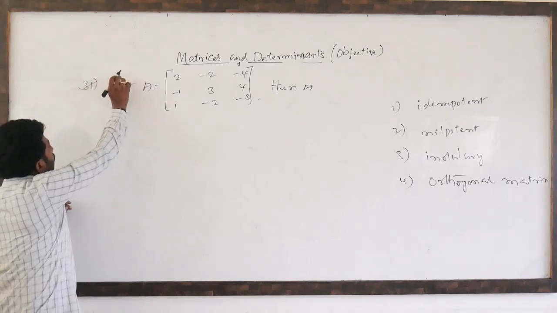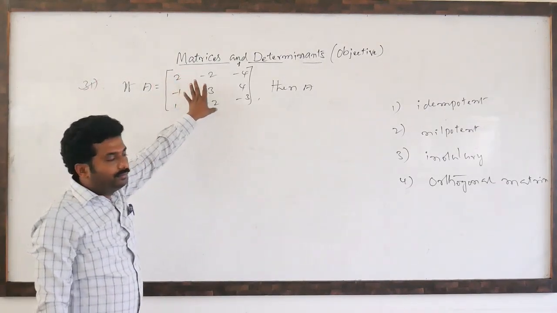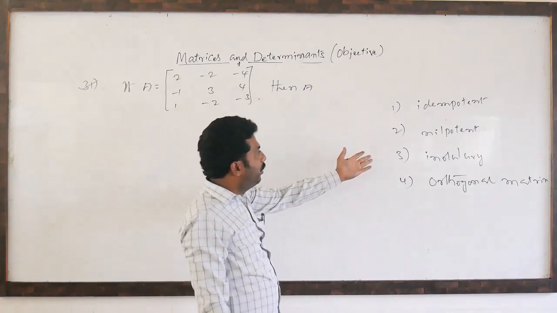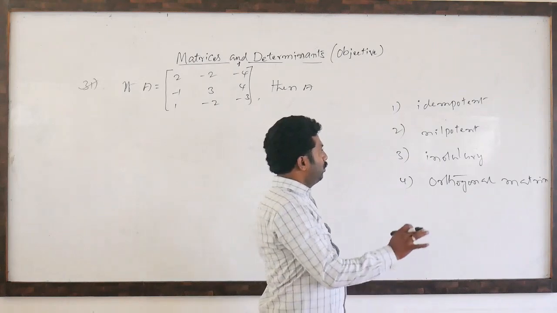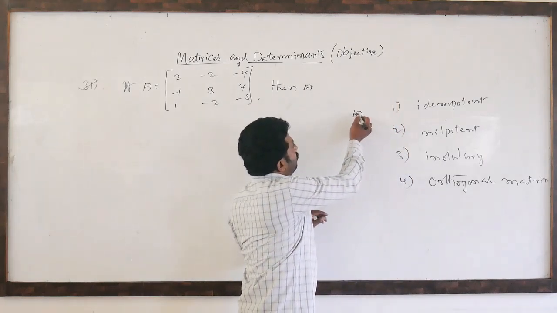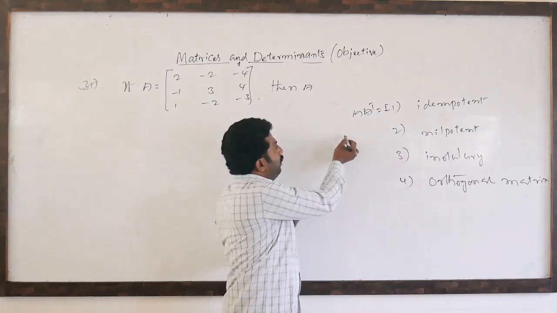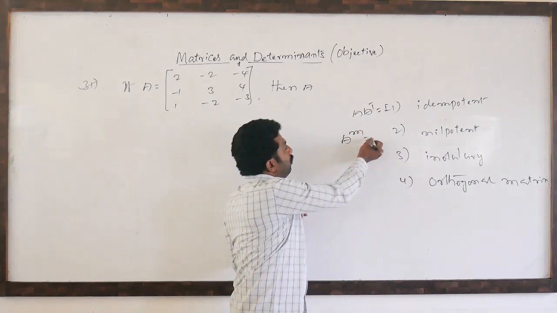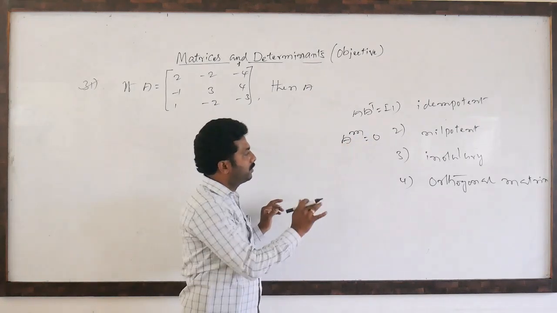Now we are going to discuss question number 31. One square matrix is given. They are asking whether it is idempotent, nilpotent, involutory, or orthogonal. Idempotent means A square equal to A. Nilpotent means the least value of m for which A to the power m equals the null matrix.